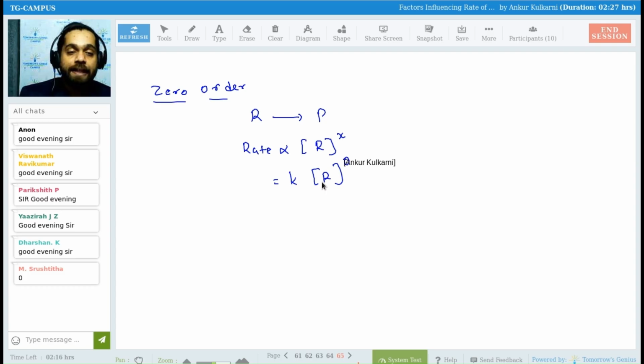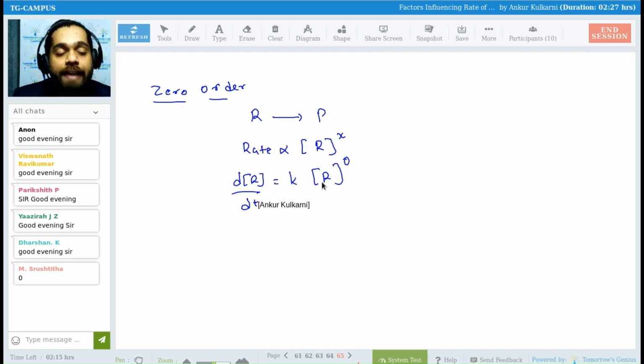Yes, it is 0. And rate, we have already seen, is nothing but change in concentration with respect to time. So I'll write over here d concentration of R by dt, and since it is a reactant, it should be negative.